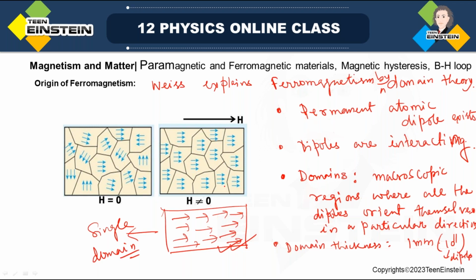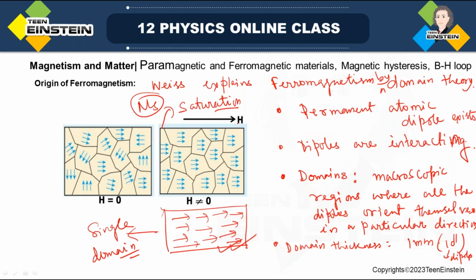Anyway, you will learn this in higher classes: when all the walls vanish, all the atomic dipoles are oriented in the same direction. This is also called saturation, in the sense that you get the maximum magnetization.